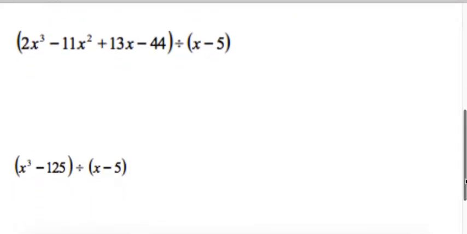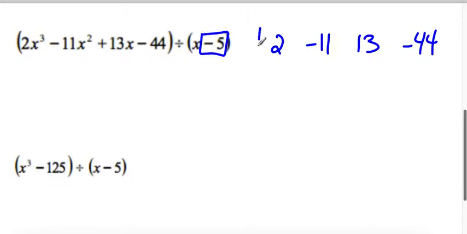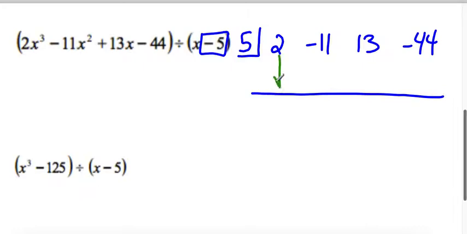Okay, we're going to take this first polynomial and write out our coefficients, 2, -11, 13, -44. And then in the box, we're going to put the opposite of that number, so 5. This is the setup. Drop that first number.